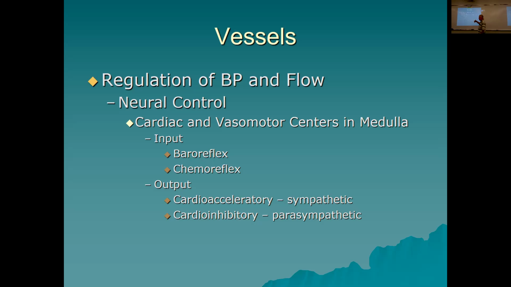Input is visceral sensory, really. Baroreflexes and chemoreflexes. Baro means pressure, so these are stretch receptors, generally in the carotid sinuses and in the arch of the aorta. And there are chemoreflexes. This is basically detecting the pH of the blood.